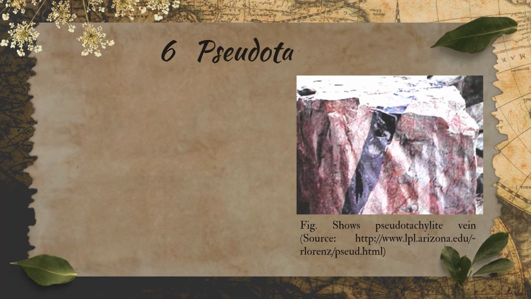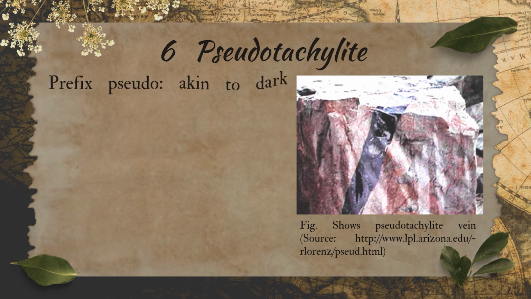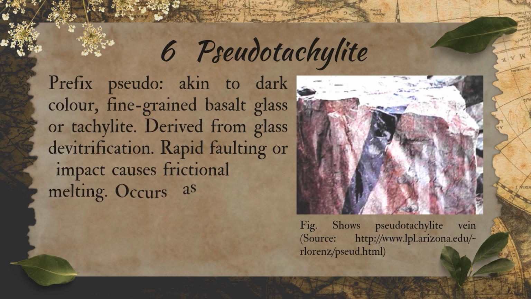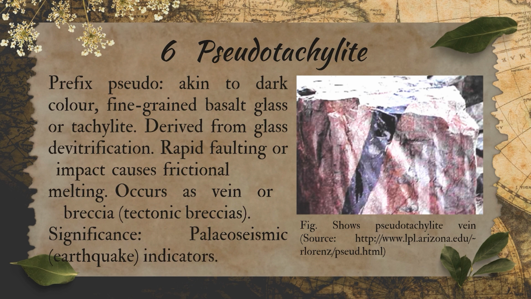Number 6, pseudotachylite. The prefix pseudo means akin to dark color. Fine grained basalt glass or tachylite derived from glass devitrification. Rapid faulting or impact causes tectonic melting that occurs as veins or breccia.